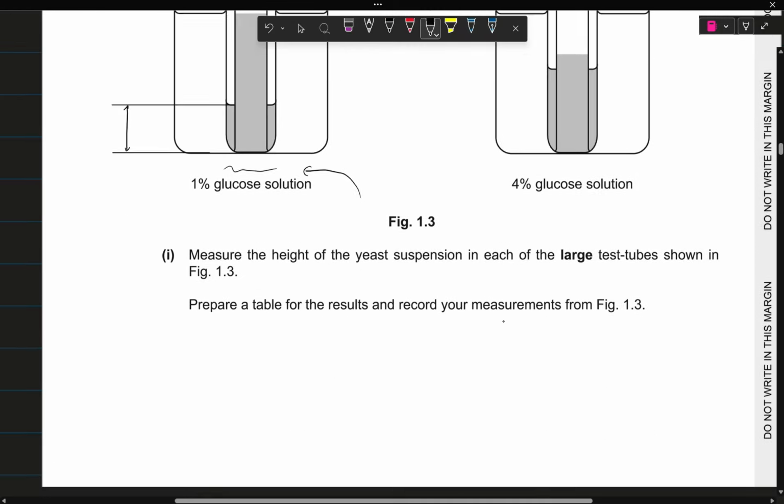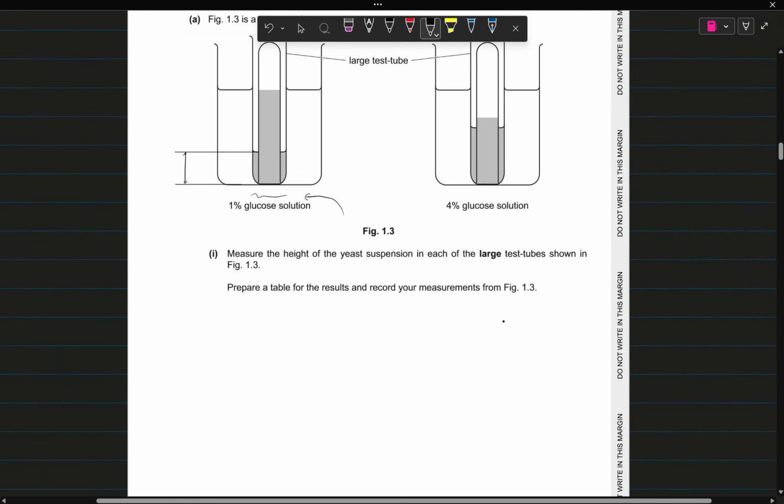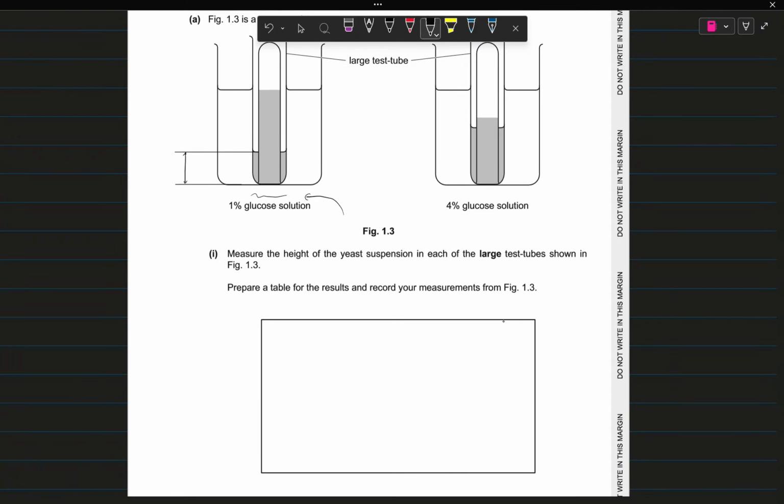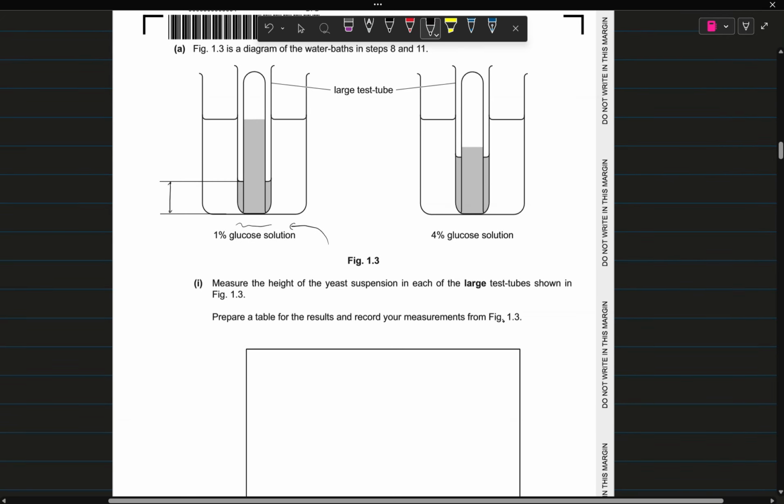And then from here, what you can do is draw the table. So essentially, we want to figure out the correct format of the table. First of all, we have two categories. We have the 1% glucose solution and we have the 4% glucose solution.